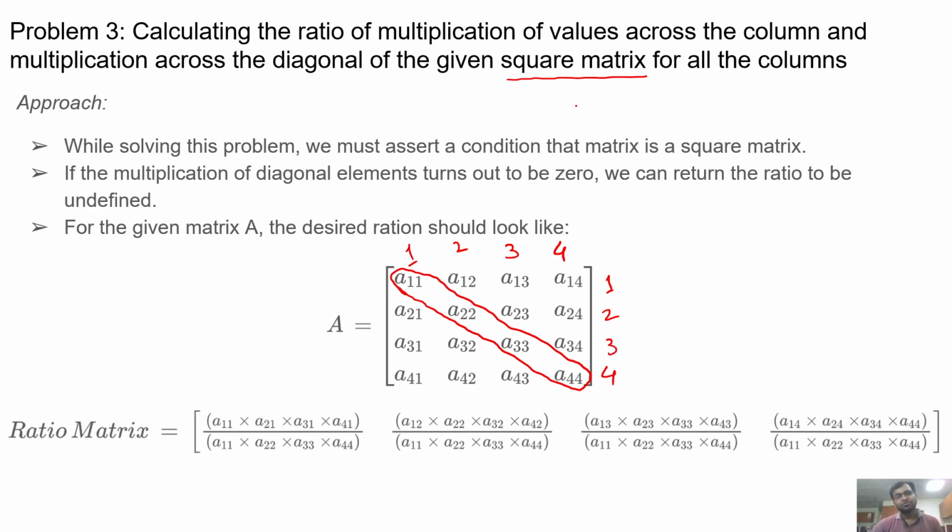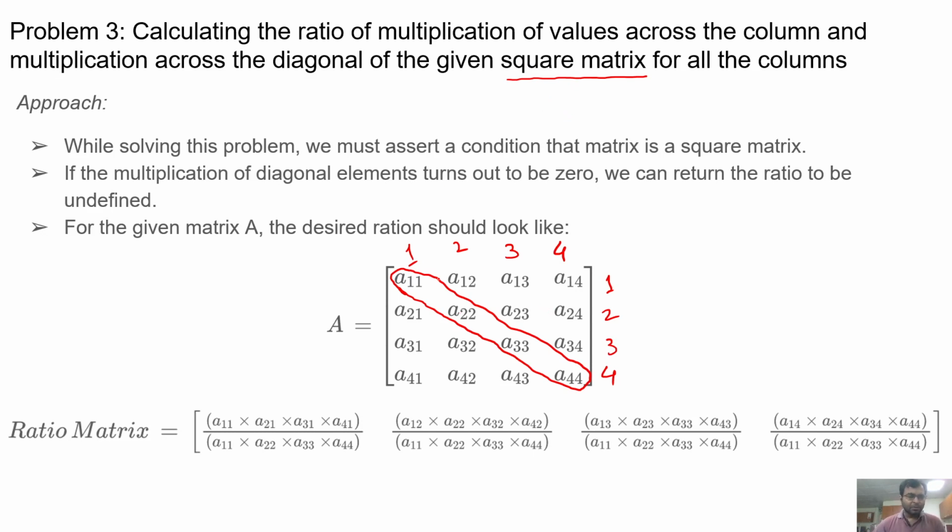If the matrix is not a square matrix, our function should return a warning or error, and it should terminate instantly. Because even if we are doing computations and then we apply the condition that it should be a square matrix, the computations will go in vain. So we need to be careful about that.